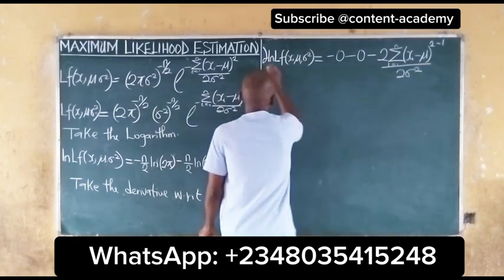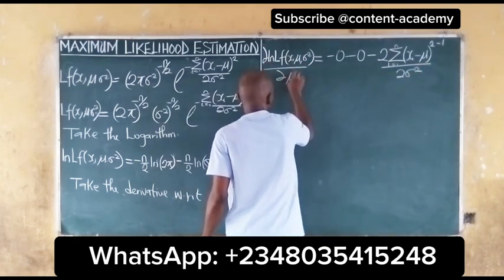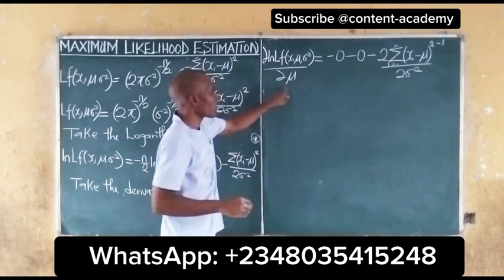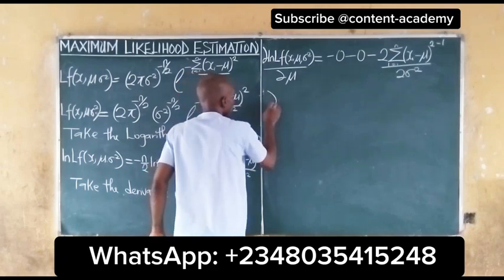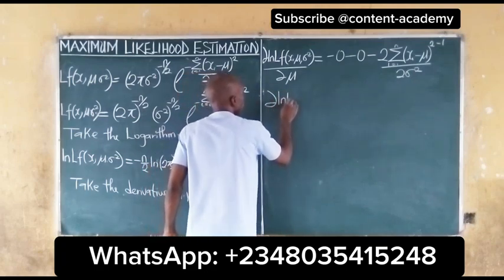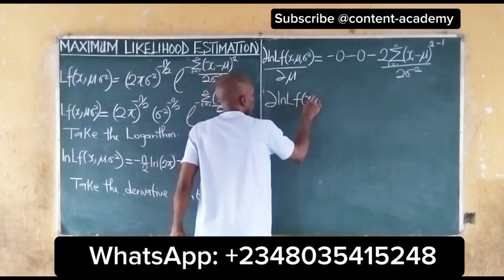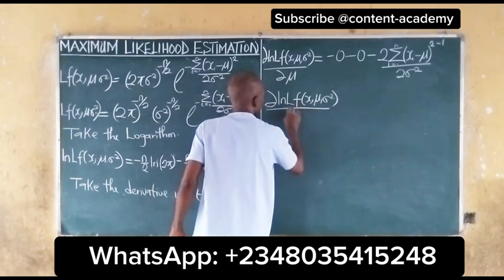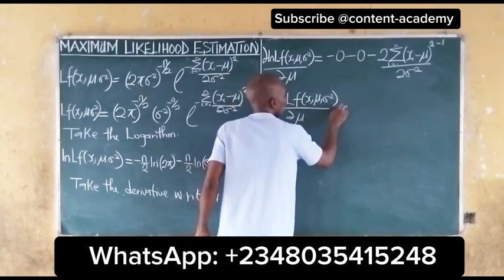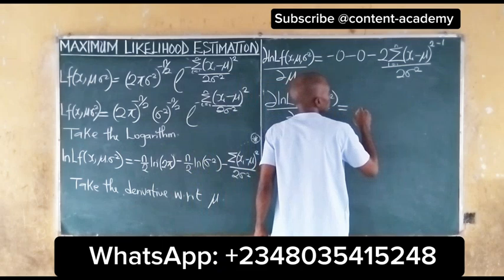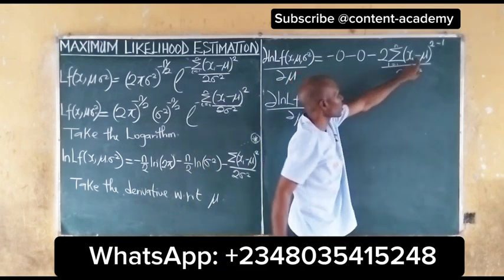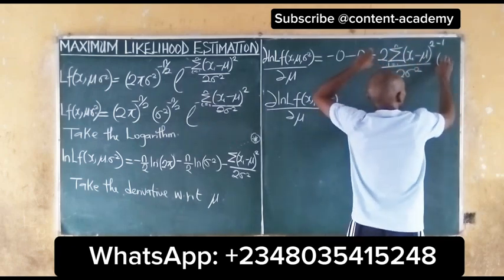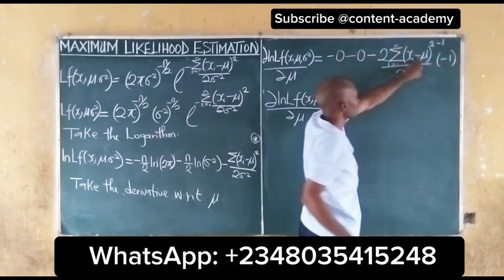So we can write this formally. We are differentiating with respect to the mean. Now we write this out properly. We have the derivative of our given function equal to, since we are differentiating with respect to the mean, we multiply by negative 1, because this is the mean.